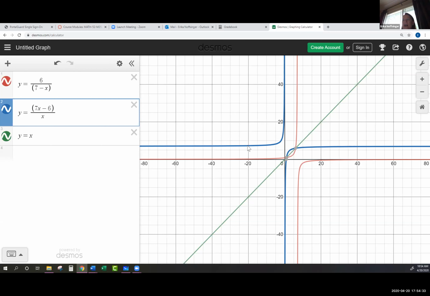And so I'm looking at when x is negative 20. I know I have a y value of 7.3. So that's telling me I should have a 7.3, negative 20. So if I go over here, 7.3, I'm just going to estimate. So I'm going to go down 7.3.